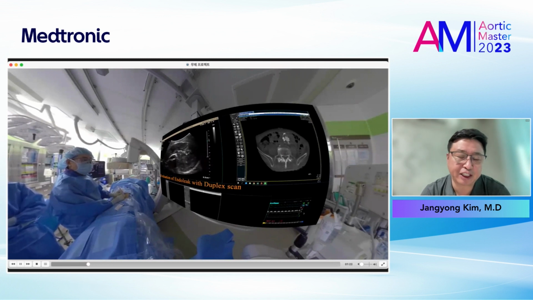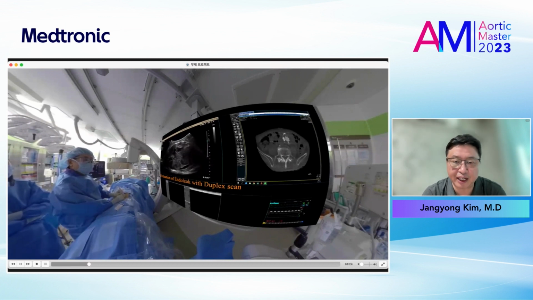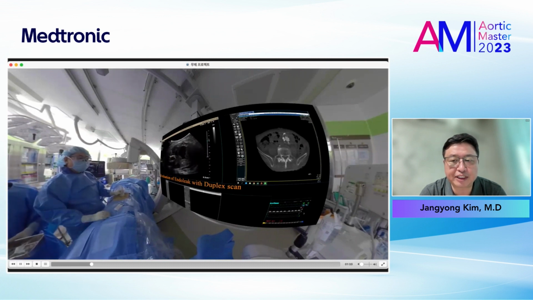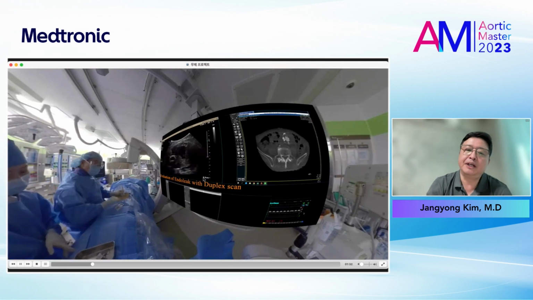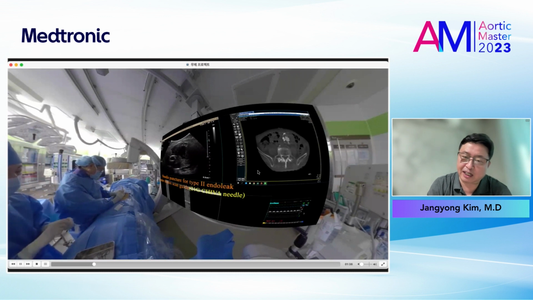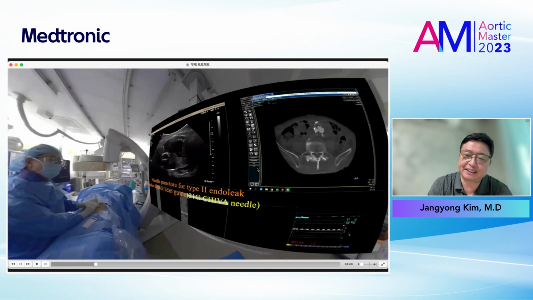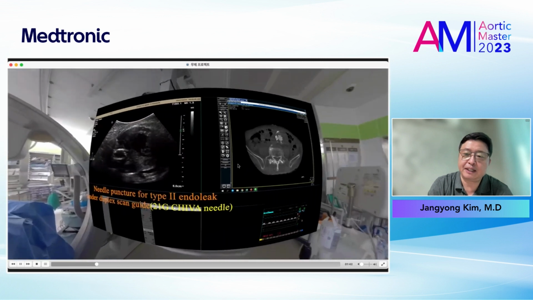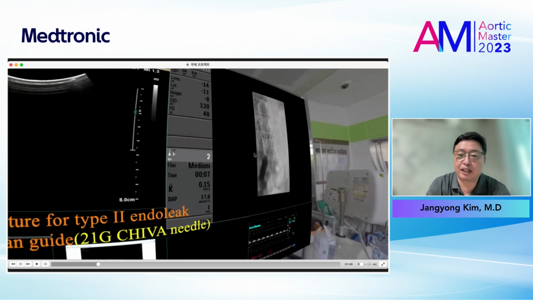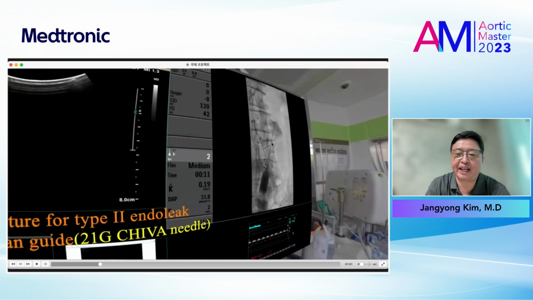This is my colleague, an interventional radiologist. He is looking for the patent type 2 endoleak with ultrasound. He tried to puncture the abdomen with a 21 gauge Chiba needle. As you can see, we can see the type 2 endoleak in the bottom of the aneurysm sac.